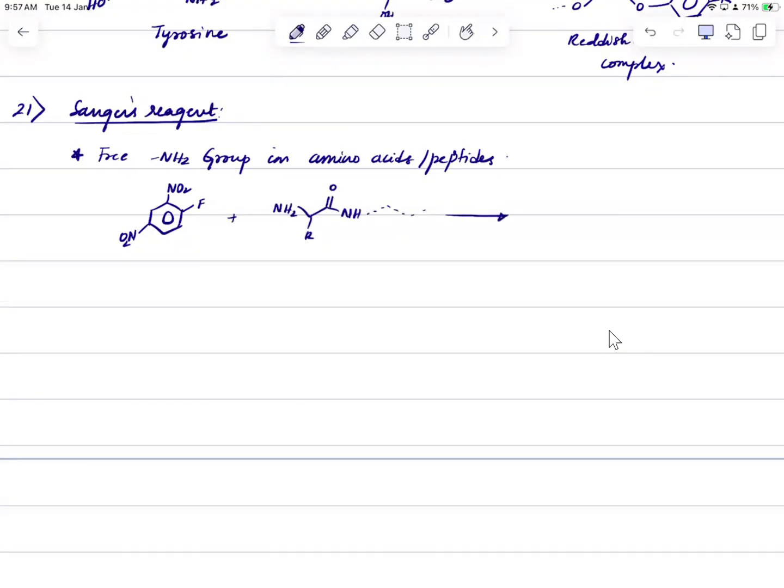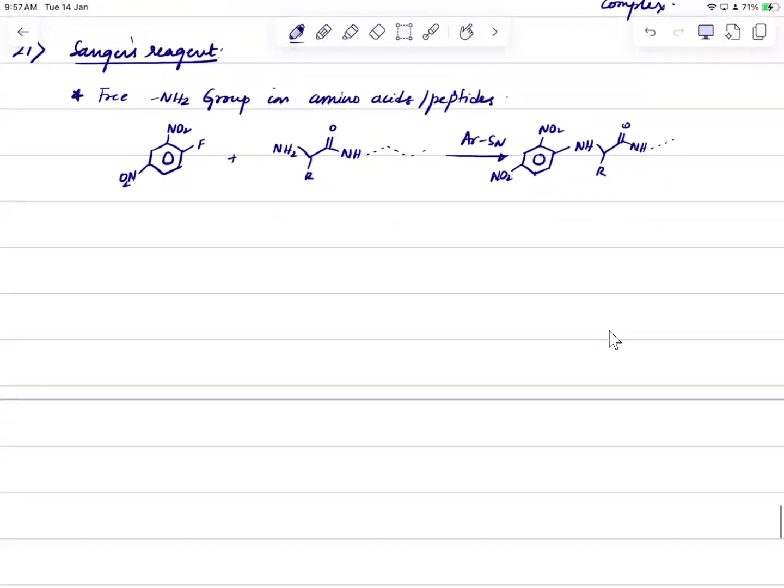Then it will take away this NH2 as a substituent by the ArSN reaction. So NO2 here, instead of fluorine, now we'll have an NH connection here with R double bond NH and so on, like this.